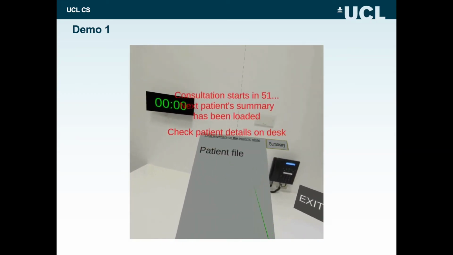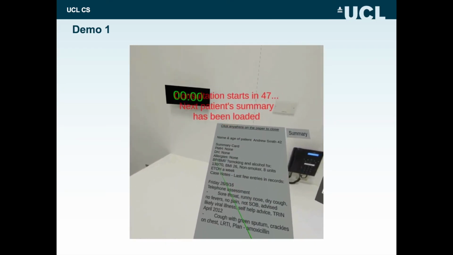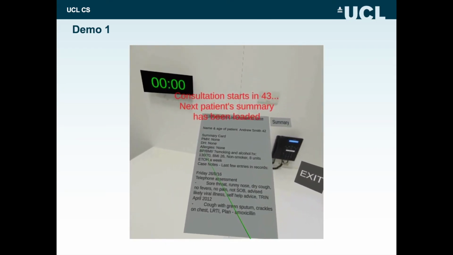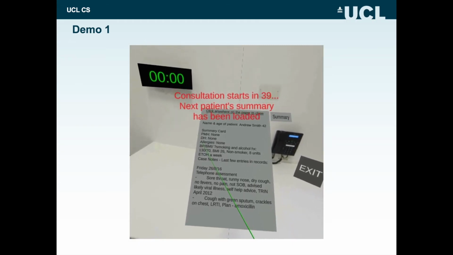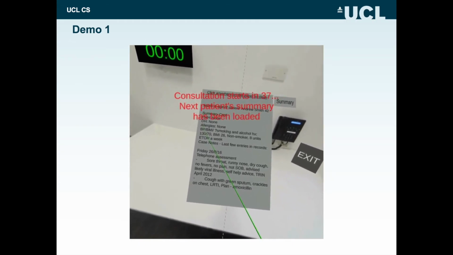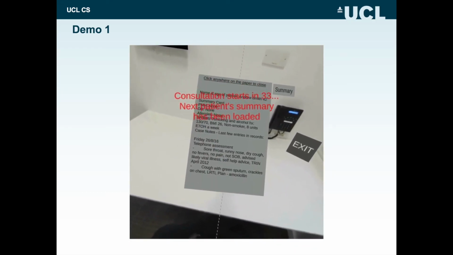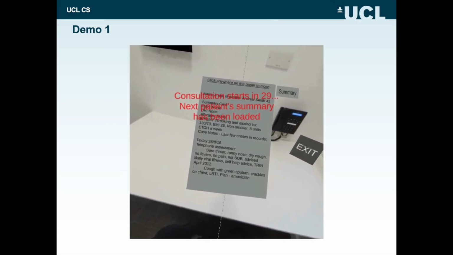So we have given each consultation about 1 minute to prepare, to allow the user to prepare, so they can read the patient summary or the patient file that is situated on the desk. As you can see, the timer is also on the wall, and there's an exit button on the far right corner of the desk.